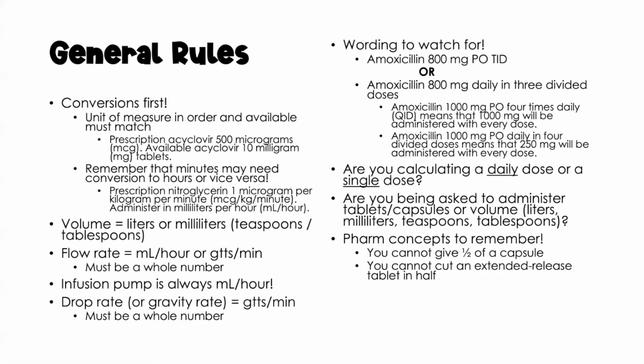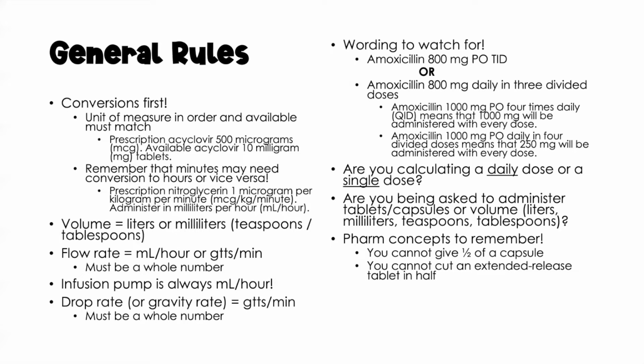So when it shows you 800 milligrams daily in 3 divided doses, that means you're giving 800 milligrams in 24 hours, but you're not going to give 800 milligrams every time you give it. You're going to have to divide by the number of doses.